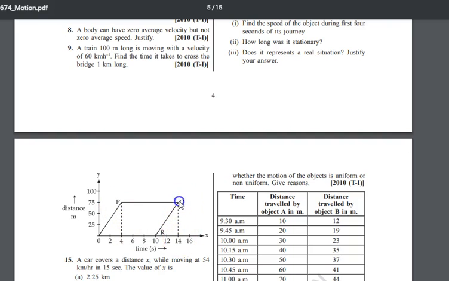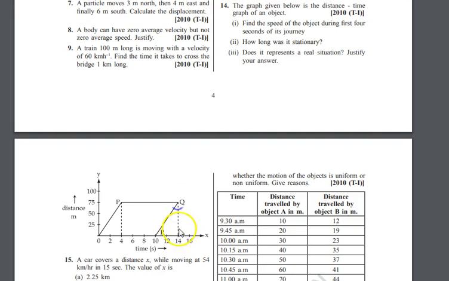The dotted line shows 14; we have to consider that because Q stopped at the 14th second. So how long was it stationary? 14 minus 4, which is 10 seconds.